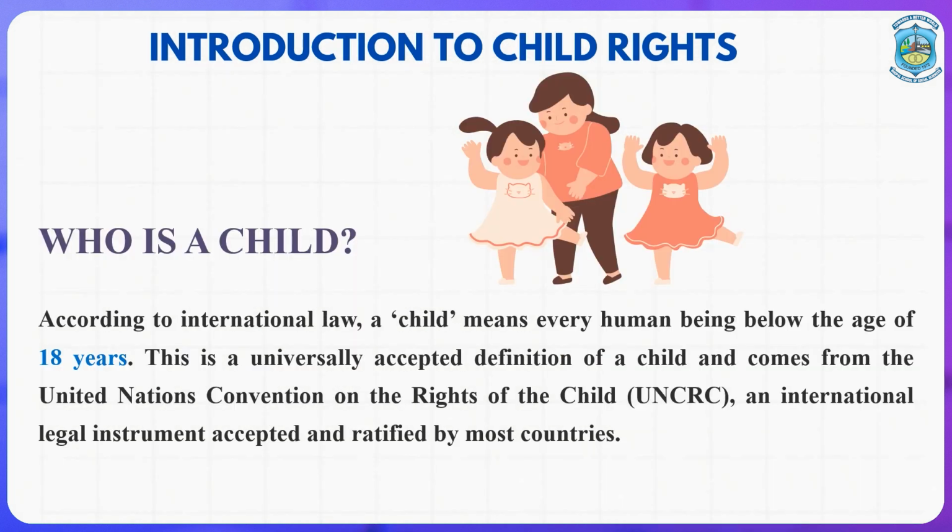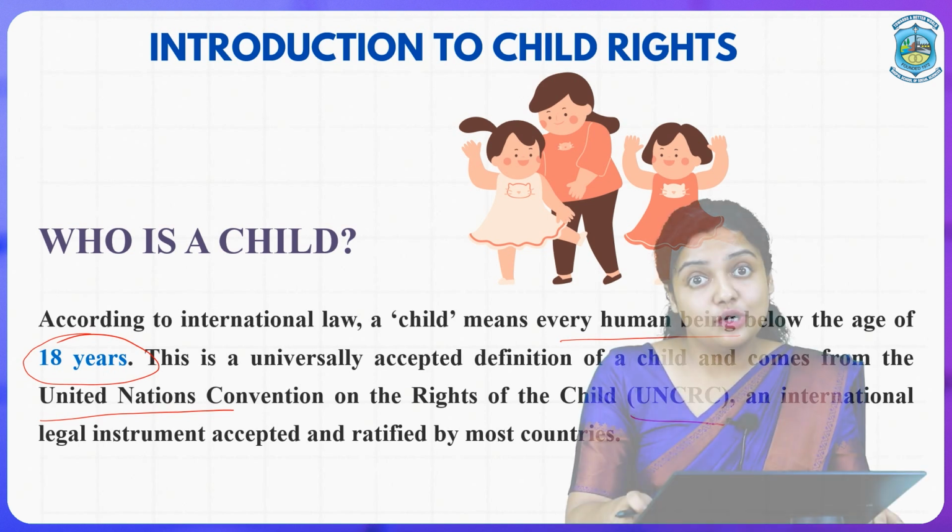Now we will look at who is a child. In this paper we should know who is a child. According to international law, a child means every human being below the age of 18 years. This is a universally accepted definition of a child and comes from the United Nations Convention on the Rights of the Child, UNCRC, an international legal instrument accepted and ratified by most countries.